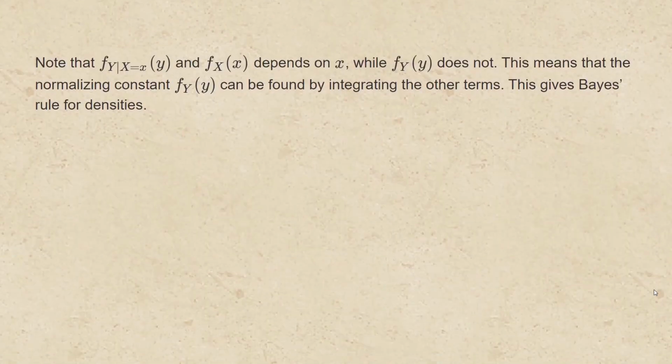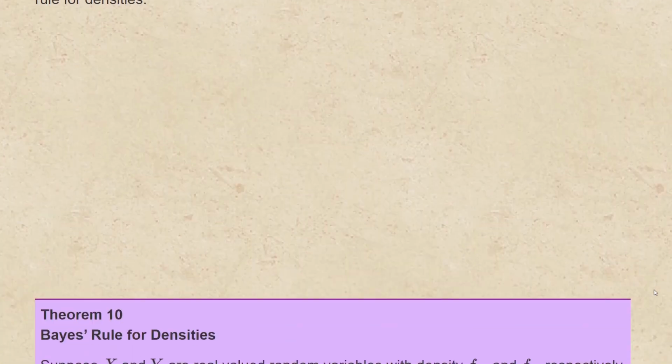Note that the density of Y given X equals little x at y and the density of X at little x depend on x, while the density of Y at little y does not. That means that the normalizing constant, which is the density of big Y at little y, can be found by integrating the other terms. This gives Bayes' rule for densities.